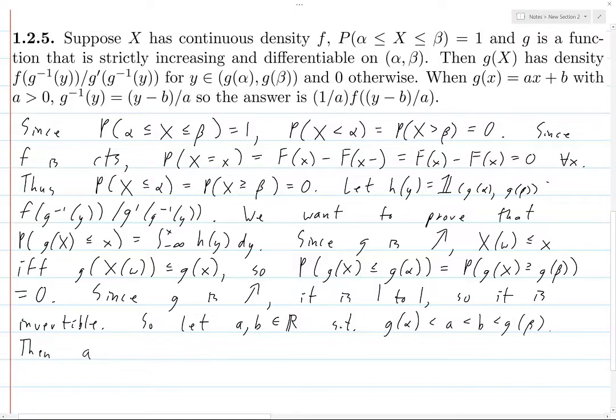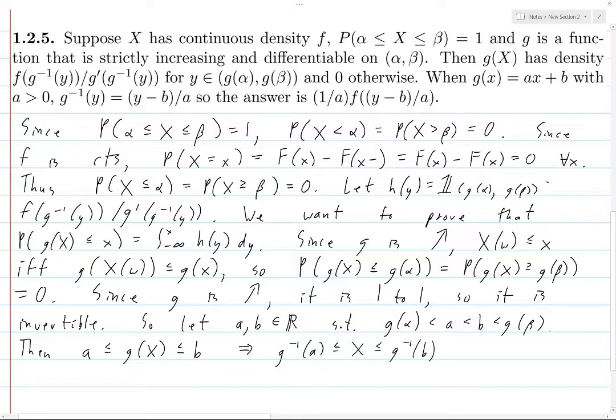Then, if we consider the set where g of X is between a and b, we can just take g inverse of everything because g is invertible. When we take g inverse of g of X, we're going to get just X.